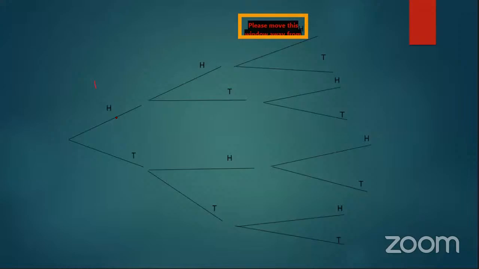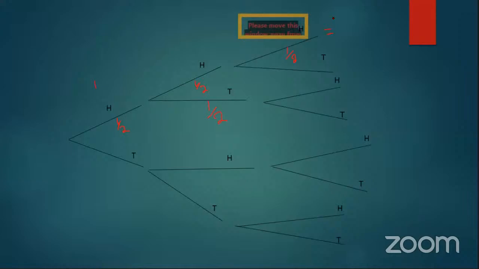Now, we said the probability of getting a head is a half, so everywhere will be a half. A tail is also a half.